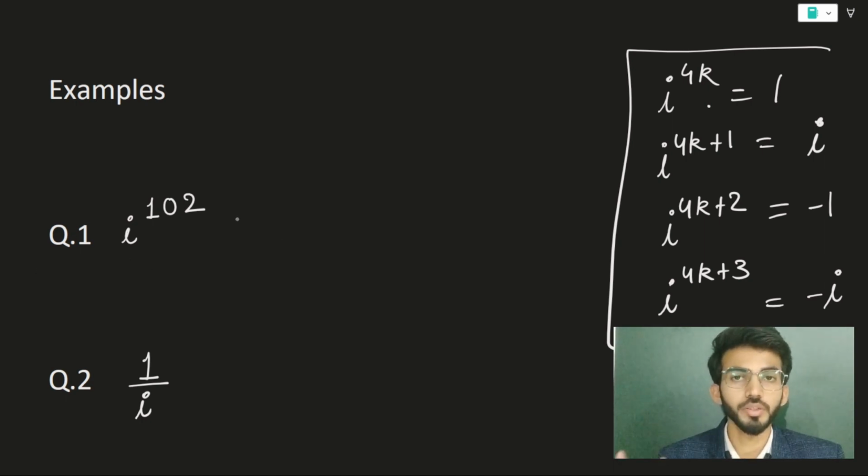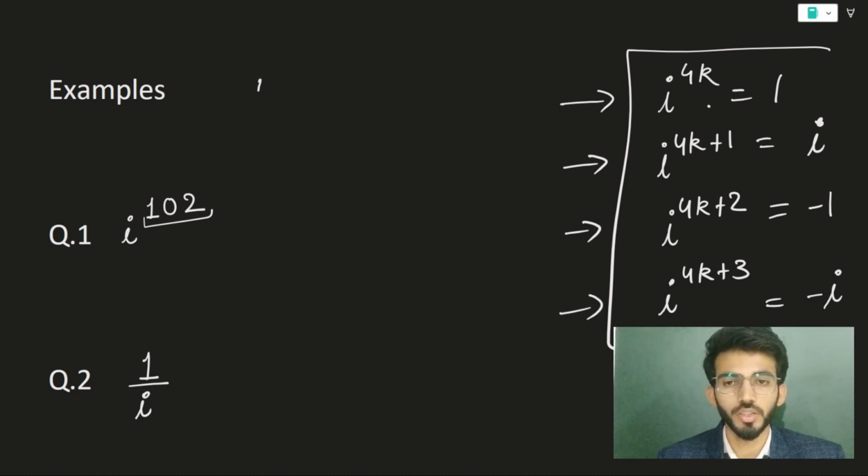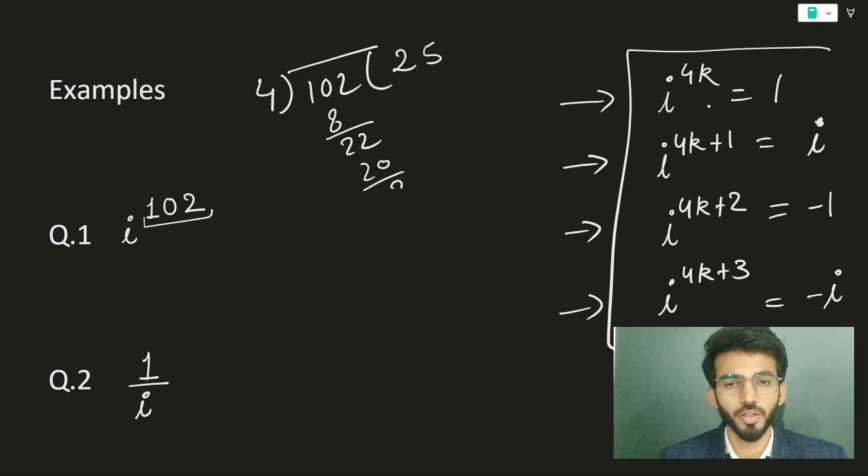Now, whenever the question is like i to the power of any number, like here it is given that i to the power 102, we have to check whether 102 is divisible by 4 or not. Means in which format we can represent it: this, or this, or this one. So for checking, we have to divide it. 4 2s are 8, 22. 4 5s are 20, and the remainder is 2.